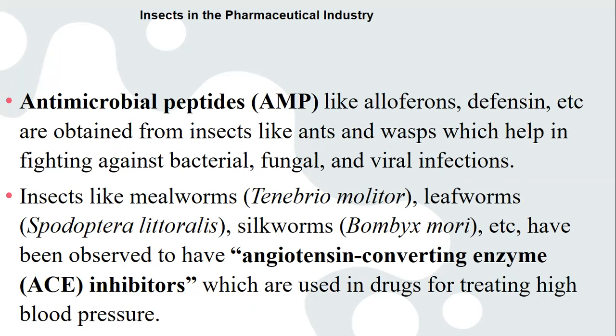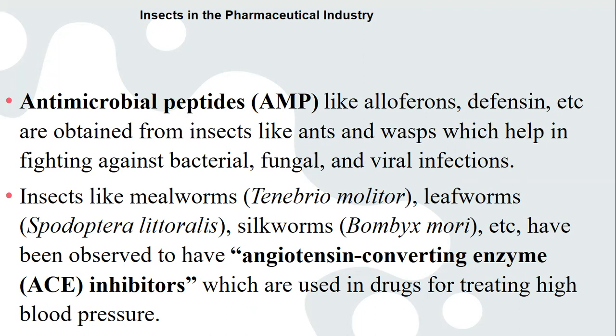Another important help from insects is that they provide antimicrobial peptides, under the production of some medicinal values. Insects like the mealworms, the leafworms, and silkworms have been observed to have some angiotensin converting enzyme, which is used in drugs for treating high blood pressure.